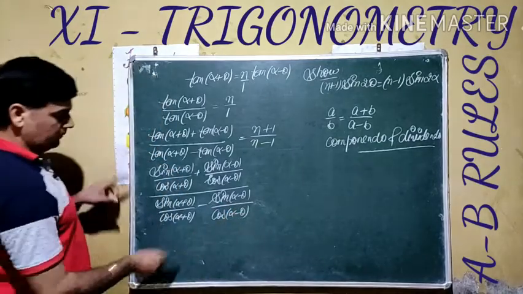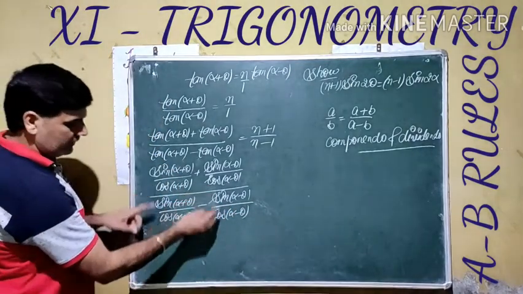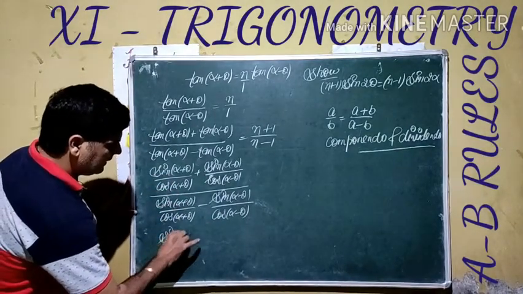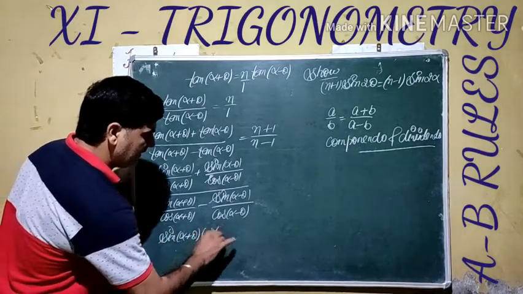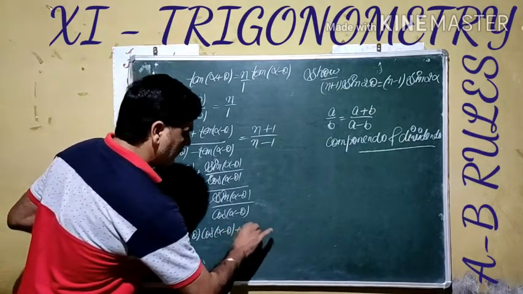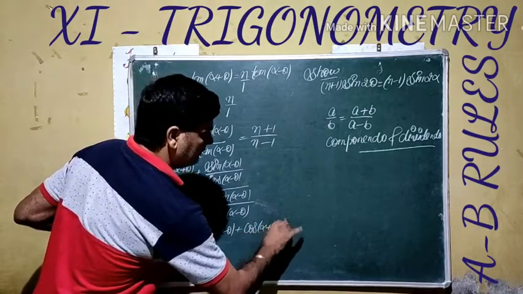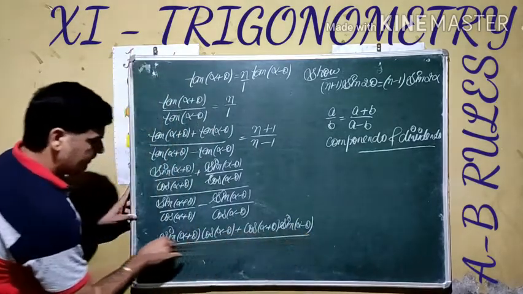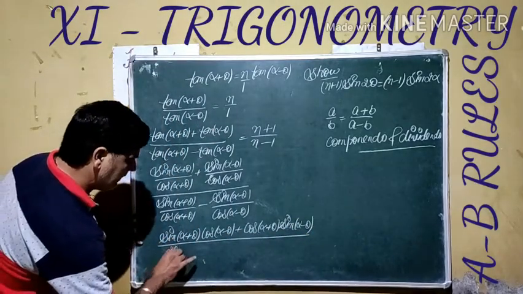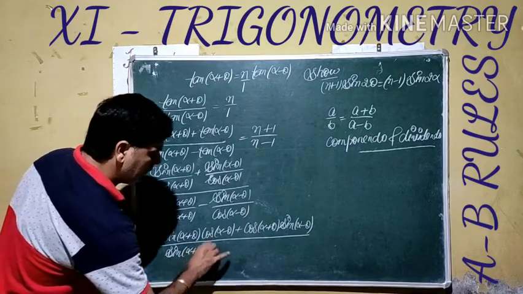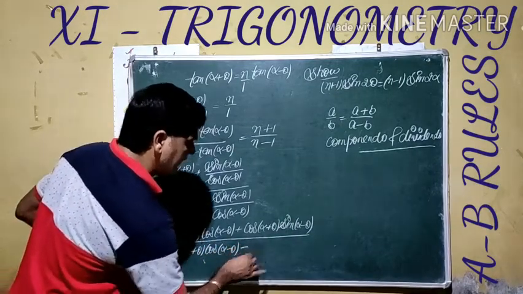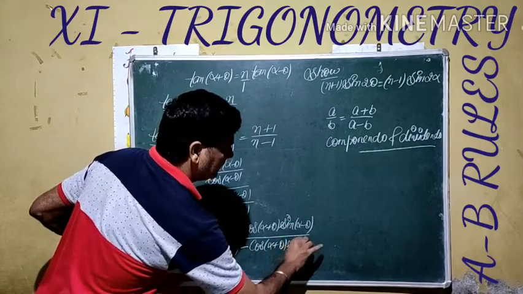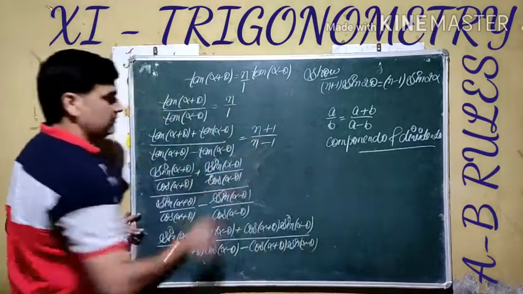The LCM comes out as the product of these two cos functions, same here, so the LCM cancels out. Finally we get sin(alpha plus theta) cos(alpha minus theta) plus cos(alpha plus theta) sin(alpha minus theta) divided by sin(alpha plus theta) cos(alpha minus theta) minus cos(alpha plus theta) sin(alpha minus theta). Right side remains the same, n plus 1 divided by n minus 1.